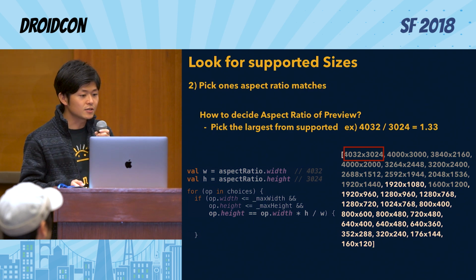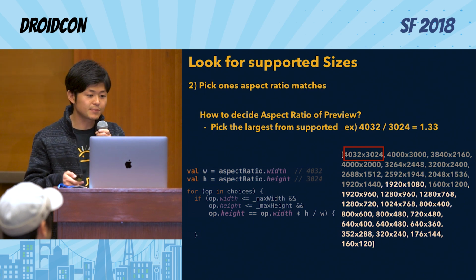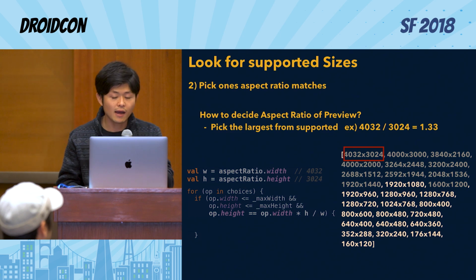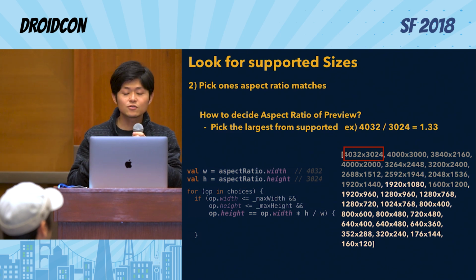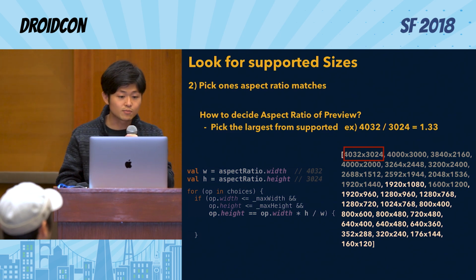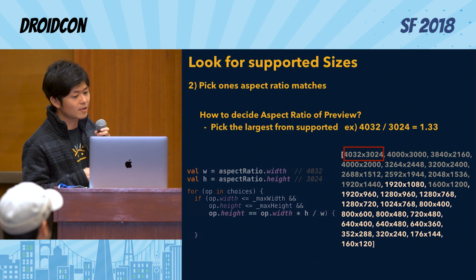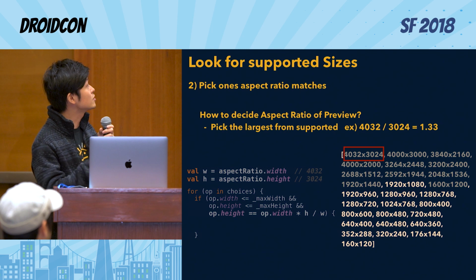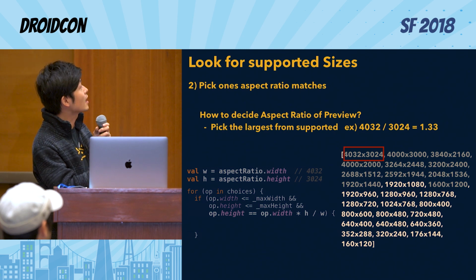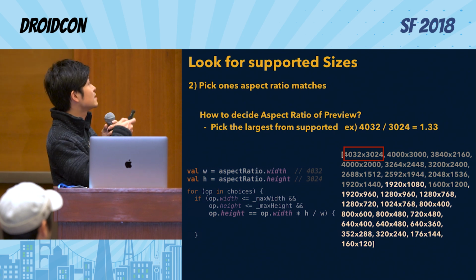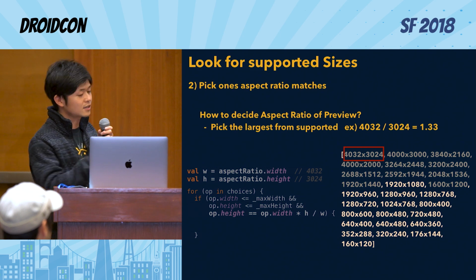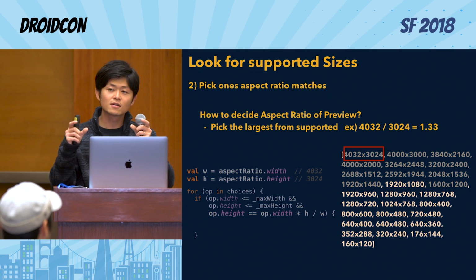And the next step is to pick the ones where the aspect ratio matches. And as for how to decide the aspect ratio of the preview, the easiest way is to choose the largest one that the actual device supports, because this list of sizes is actually the size of the sensor, the image sensor.